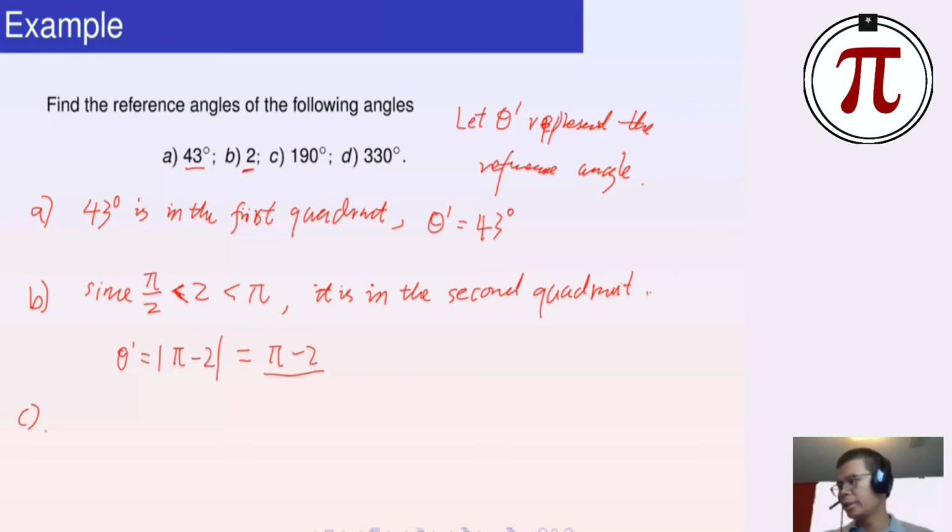What about C, 190 degrees? Which quadrant is that in? The third. Why? It's past 180 degrees and less than what? Less than 270, right? So since 180 is less than 190, which is less than 270, it is in the third one.